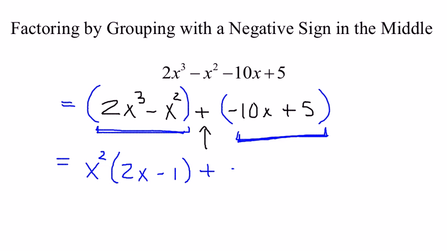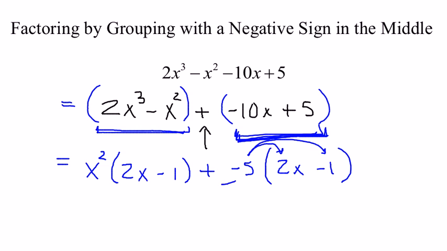So what we want is to have a negative 5 out here. The reason why we pull out a negative 5, I'll get to that in a minute. But if we have a negative 5, then that means we've got a 2x left over and then a minus 1. And of course, if you want to check yourself, you can always multiply that back out and you should get this answer.